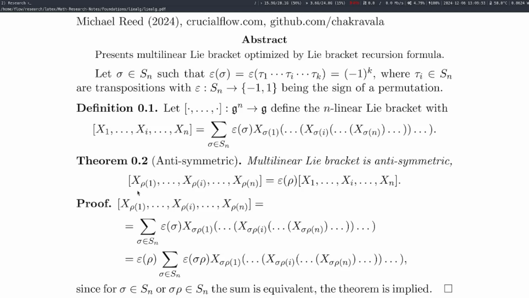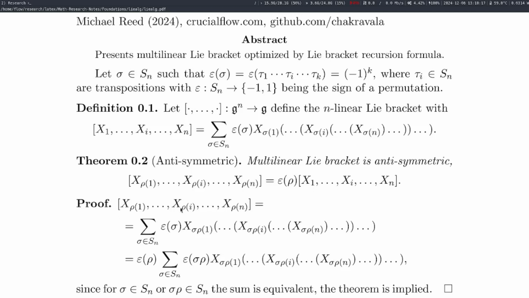So if we apply permutation rho on the inputs of the n-linear Lie bracket, then the result is basically the sign of the permutation times the Lie bracket in its natural order.